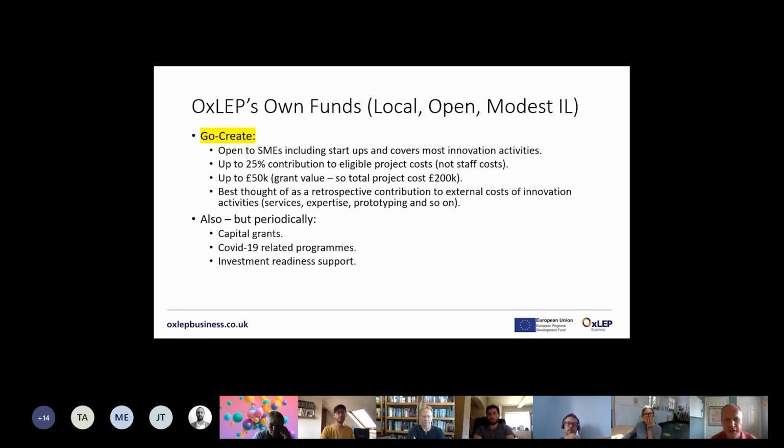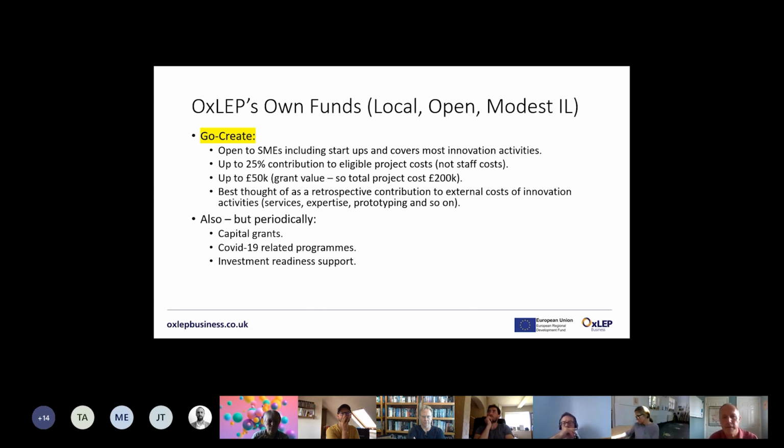So it's only Oxfordshire, so call that regional or local if you like. It's open to everybody. It doesn't matter whether you're a complete startup or an established business. And we get a lot of early stage people applying for this scheme. And it's open to any technologies or any innovations, including process innovation rather than just hard technology innovation.